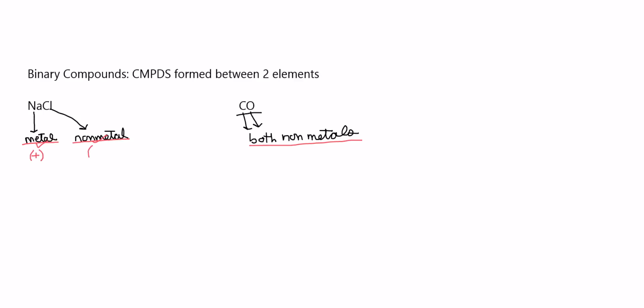We have names for these. This is a review, I assume. So the positively charged part is called the cation. The negative part of the binary compound made between a metal and a nonmetal is the nonmetal, and that's called an anion.